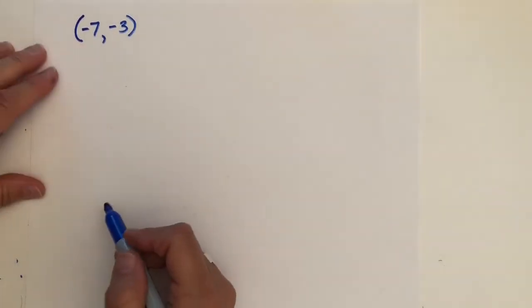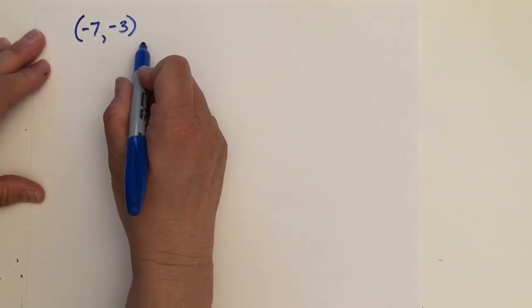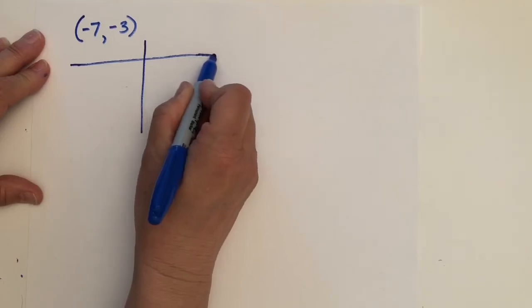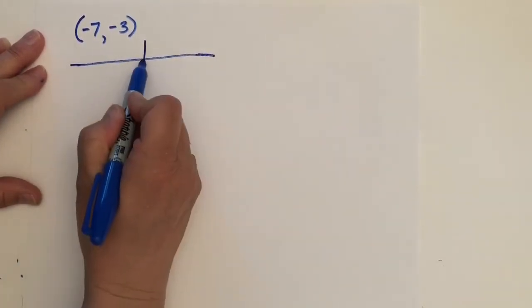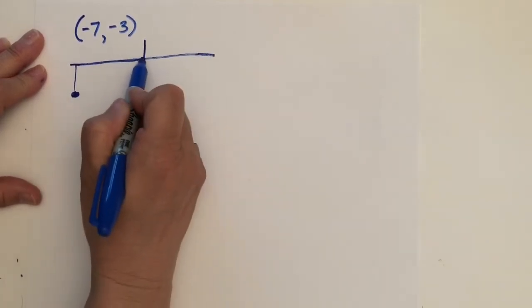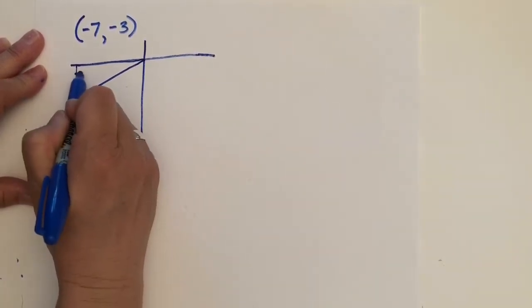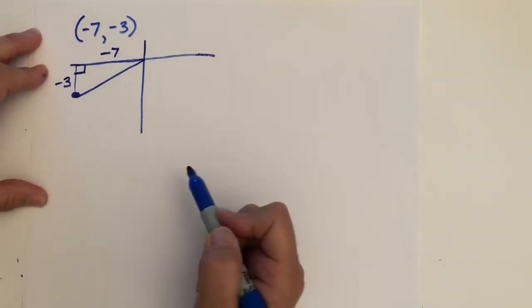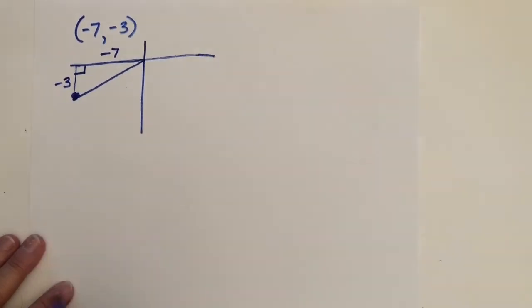And our task is again to find the polar coordinates that would represent that point. So let's draw the picture. It's a third quadrant angle this time. So we're going to -7, -3. And notice it is not a special triangle again.